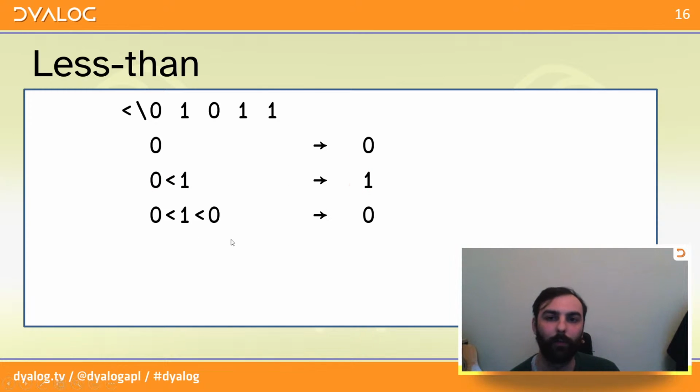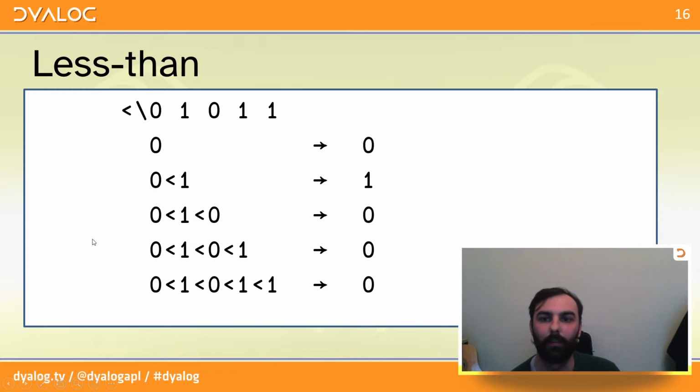But then after that, all subsequent reductions along the way all return 0. All right, 1 less than 0, not true. 0 less than 0, also not true, etc. Right, so that's kind of how that relationship works.